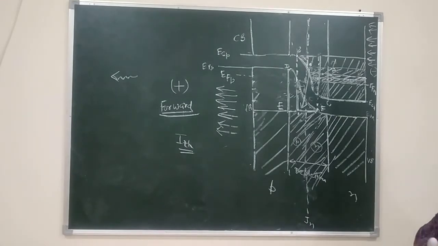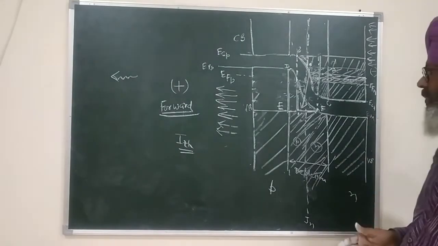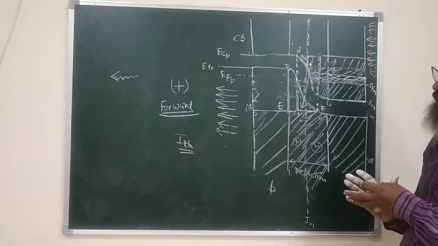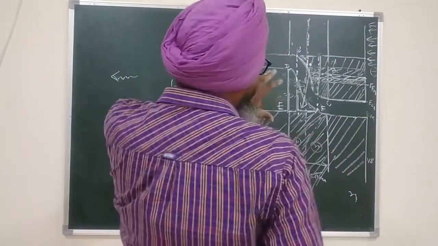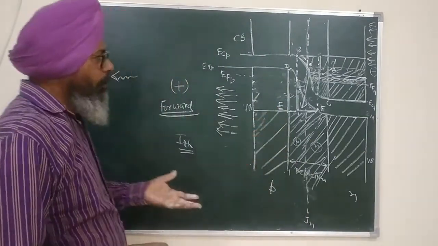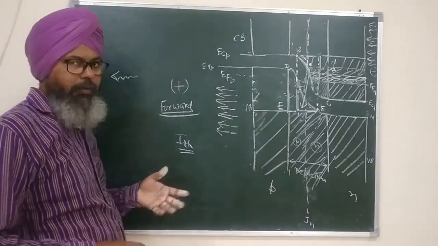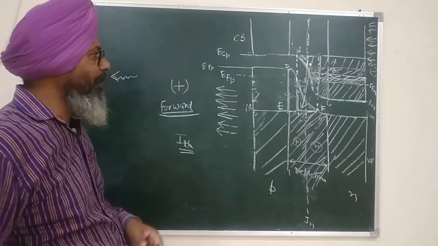Whatever I have discussed here theoretically, according to this theoretical explanation, you are not going to get perfectly monochromatic light. Light will not have a specific wavelength value. It will have a certain wavelength range. Most of the times, if I discuss the prototype homojunction semiconductor, what is a homojunction semiconductor, you wait for my next lecture.